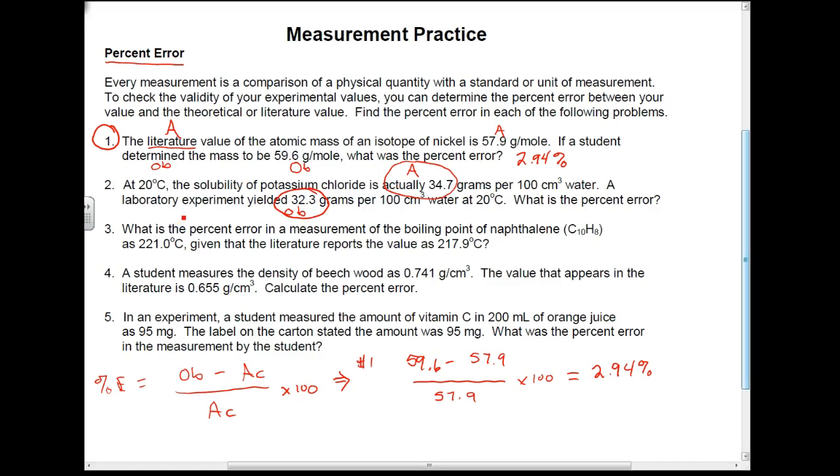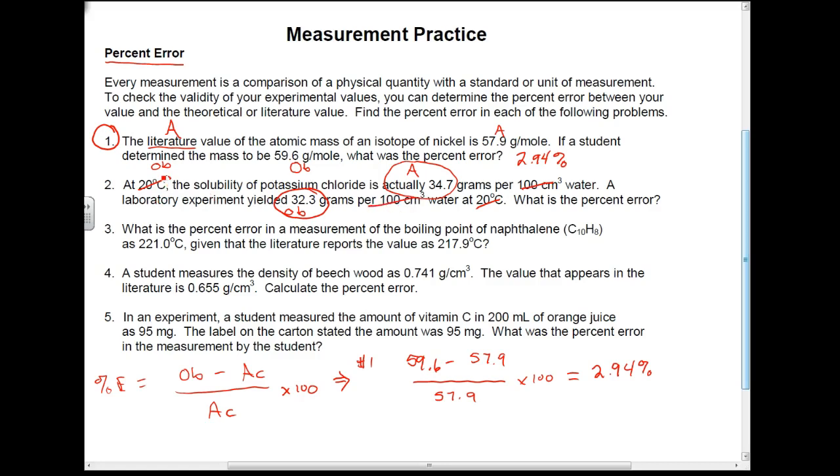This is a classic chemistry problem that confuses people. There's lots of extra numbers in here that don't really matter for the actual problem. Like, we're not going to use the 20 degrees Celsius because it has nothing to do with percent error. We're not going to worry about this 100 per 100 centimeters cubed.